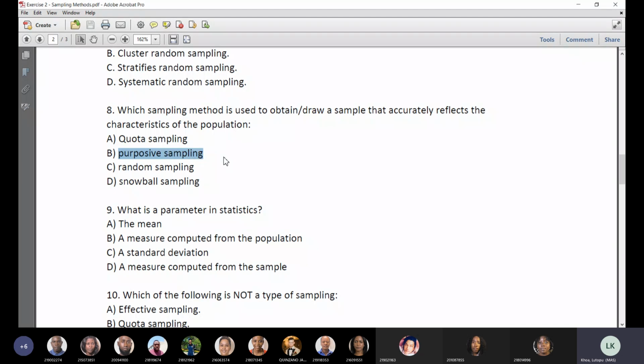Purposive, here you have a purpose. It is also called judgment sampling. So when you see judgment sampling, you see purposive sampling. They mean the same thing. Here, the researcher uses their judgment to pick the people that they want in their sample. So they think, okay, this person is probably going to give me the information that I want, so they go to them.